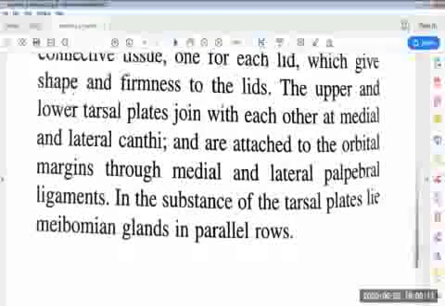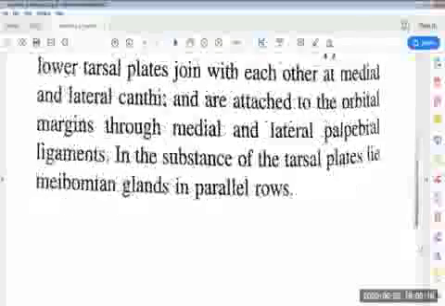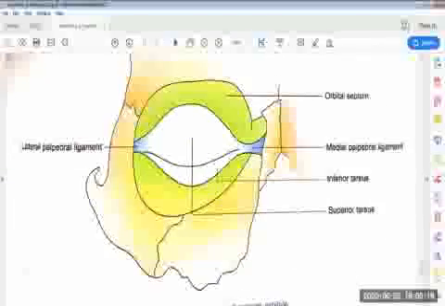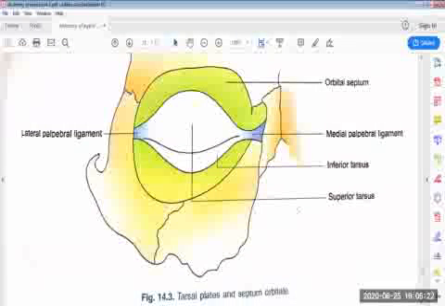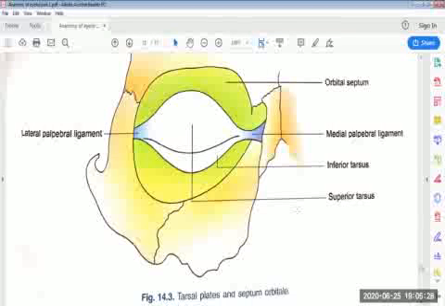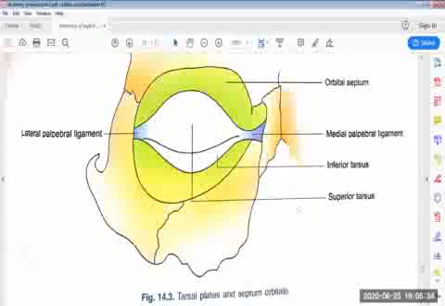Therefore, the meibomian glands are called the tarsal glands because they are present in the tarsal plates. Then in this image they have shown the tarsal plate and the septum orbitale: the inferior tarsus, superior tarsus, and on both sides the lateral palpebral ligament and the medial palpebral ligament.